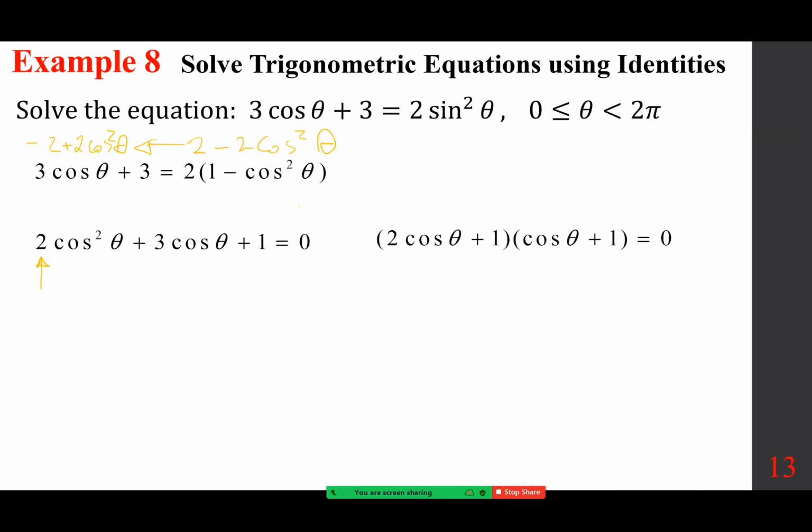And again, this is number 1, it's very easy. Or you can change cosine to x if you were to do that. Let's say this is m, just for the sake of argument. So 2m squared plus 3m plus 1 equal to 0. So you can do it by substitution.